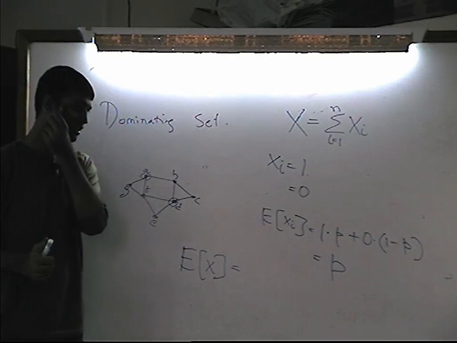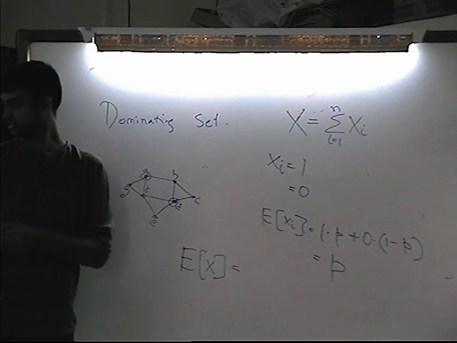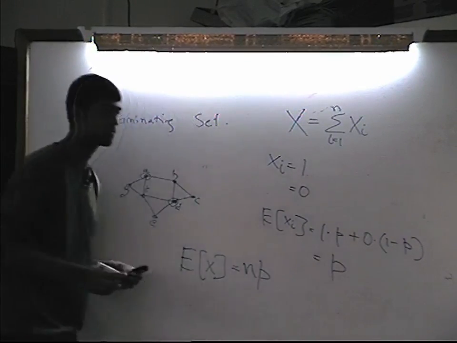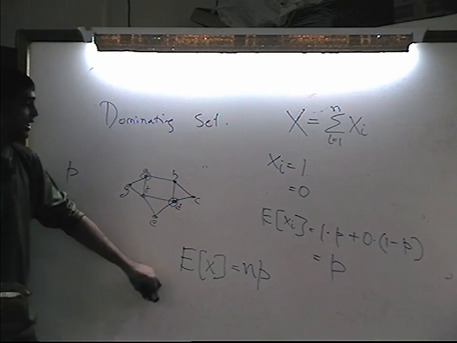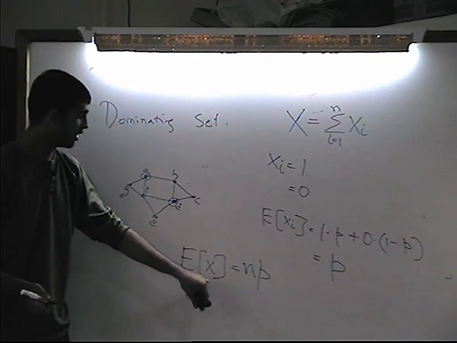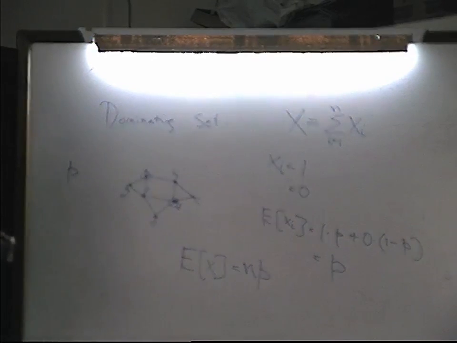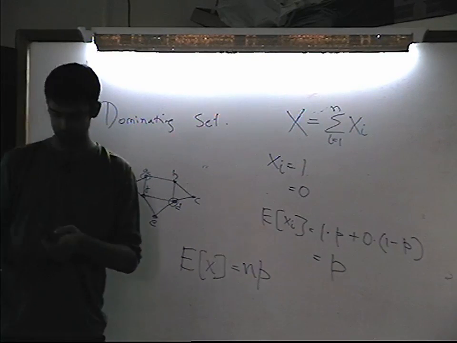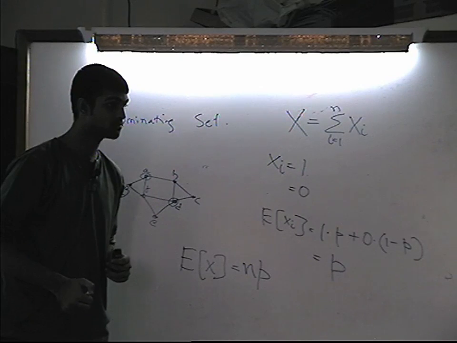Can anyone give me the expectation of X? Yeah, it's just np. Is this clear to everyone, as to how we are choosing the random variable and why we get the expectation as np? Just think of this as using a biased coin rather than an unbiased coin here. Okay.